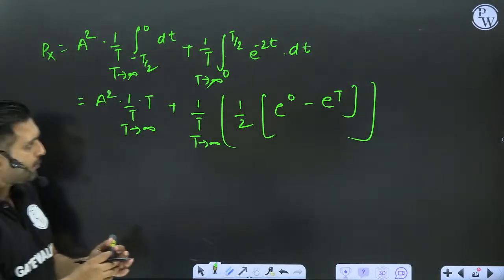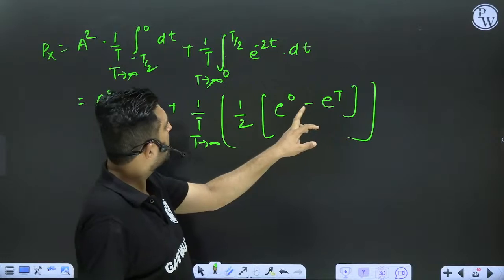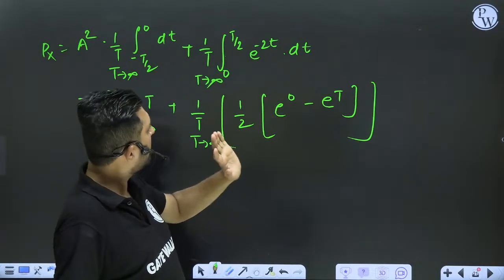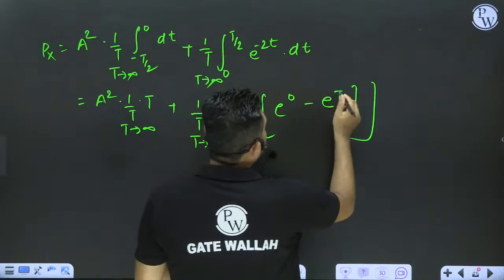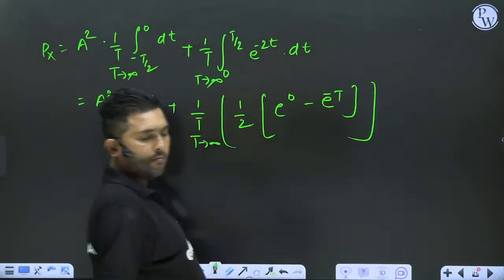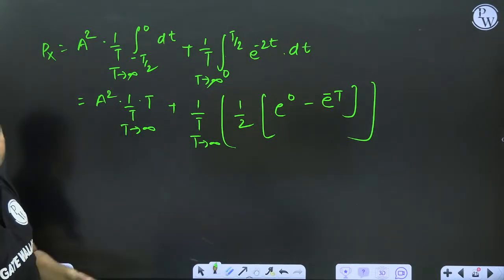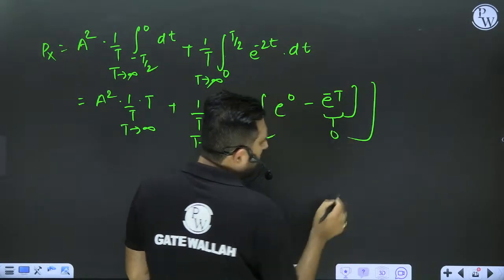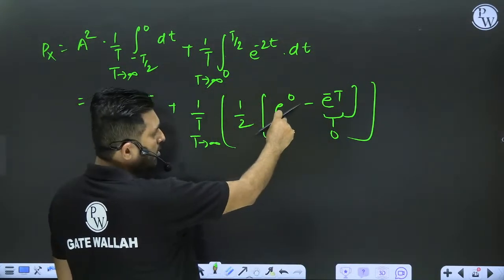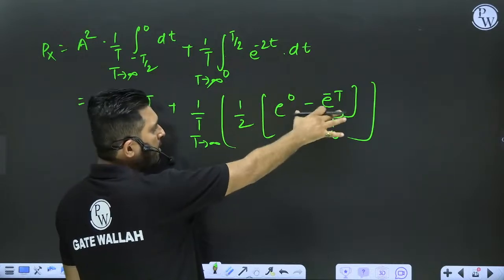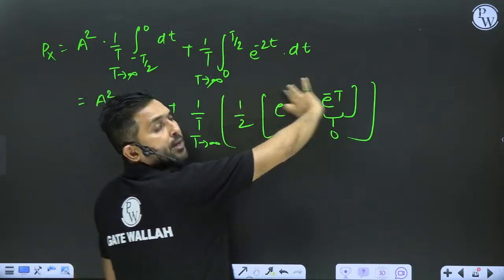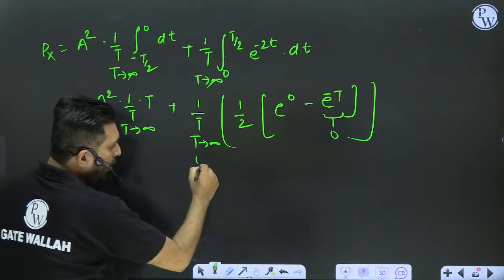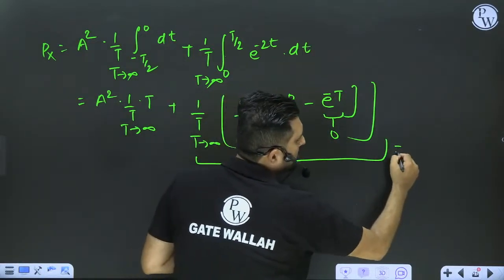And when you put the limit T tending towards infinity, this becomes 0. This is 1. 1 minus 0 becomes 1. The whole thing becomes 1 by 2.